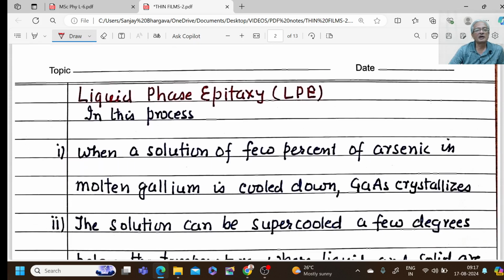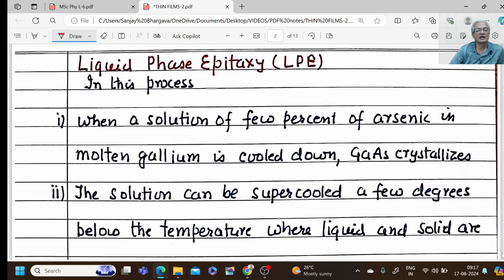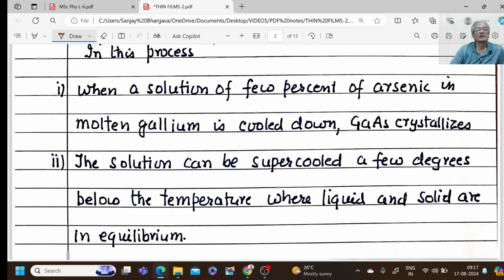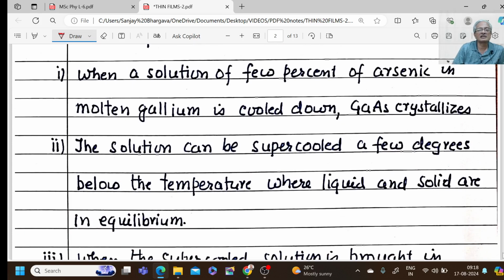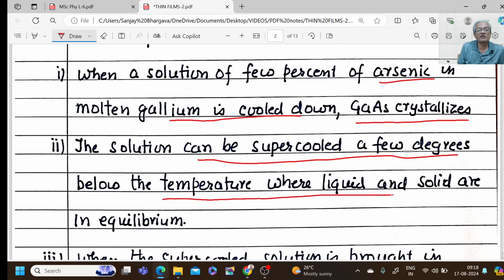Let us first pick up liquid phase epitaxy. In this process, when a solution of a few percent of arsenic in molten gallium is cooled down, gallium arsenide crystallizes. The solution can be supercooled to a few degrees below the temperature where liquid and solid are in equilibrium.